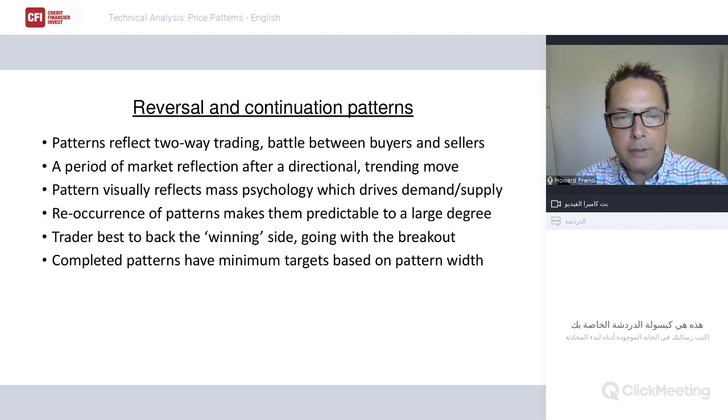So when a pattern has been completed, usually confirmed by a closing break outside of a trend line which defines the pattern, that gives you the signal that the pattern has been completed, a directional bias, and you've got a minimum target on which to expect the market to move.